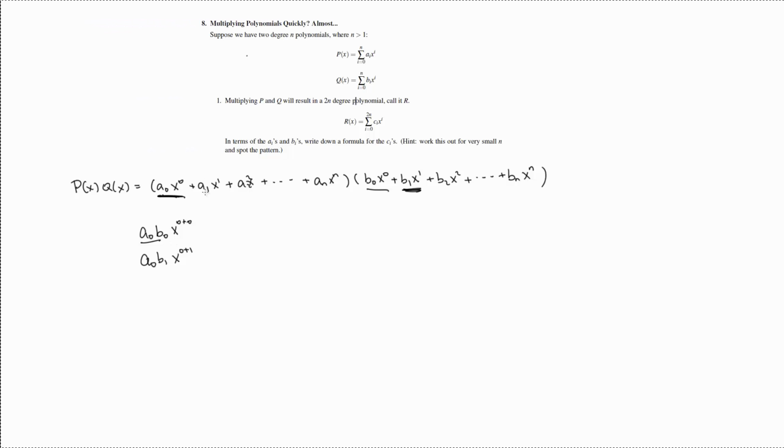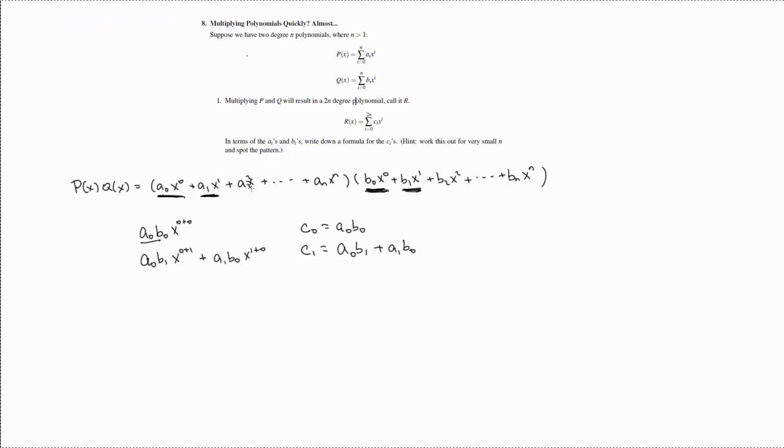We can also have a1 x to the 1 times b0 x to the 0. So this gives us a1 b0 x to the 1 plus 0. Thus our coefficient c0 is equal to a0 b0, and c1 is equal to a0 b1 plus a1 b0.